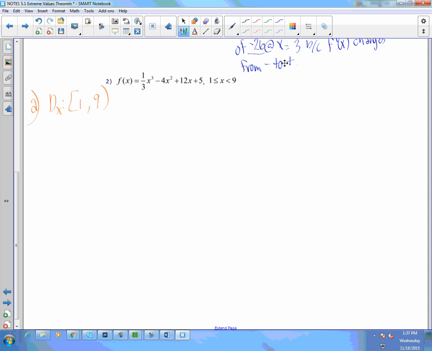Just going to turn this up a little bit. Okay. So, part B. After we identify the domain, take the derivative. If you want to take the derivative, everybody can do the same thing. Have you done it?